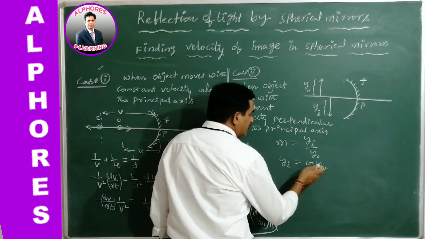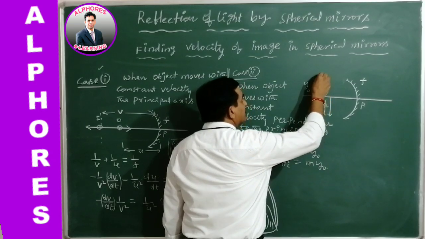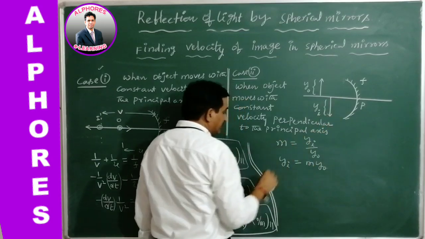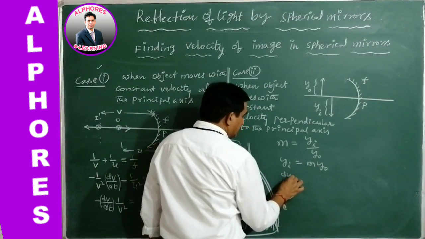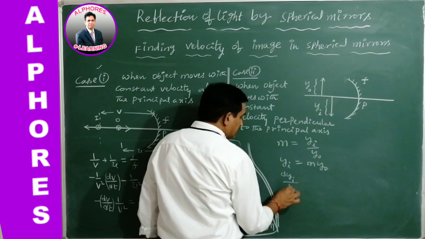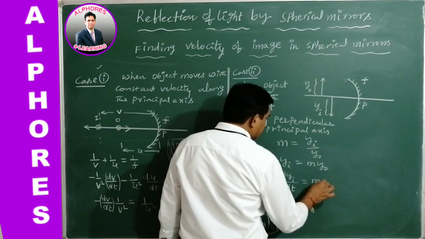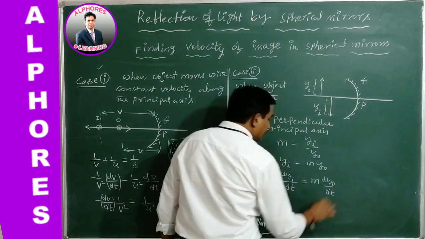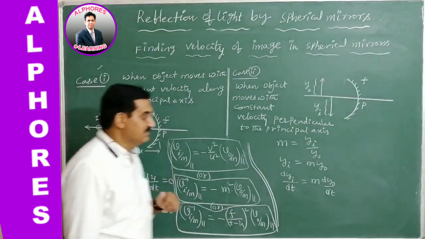These are the sizes, lengths. Suppose the object is moving perpendicular to the principal axis, its corresponding image will also move in the perpendicular direction. So in order to get velocity, differentiate: dyI by dt is equal to m into dy naught by dt. So here m, the magnification, is constant.